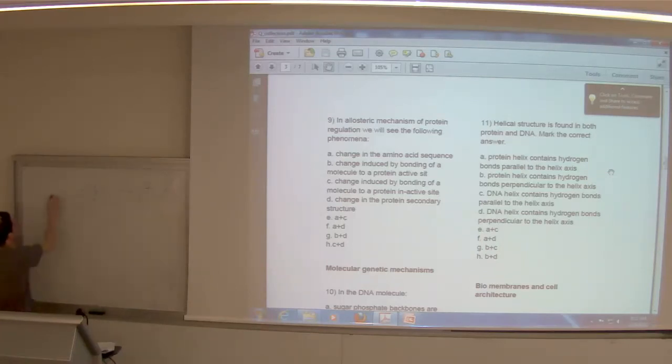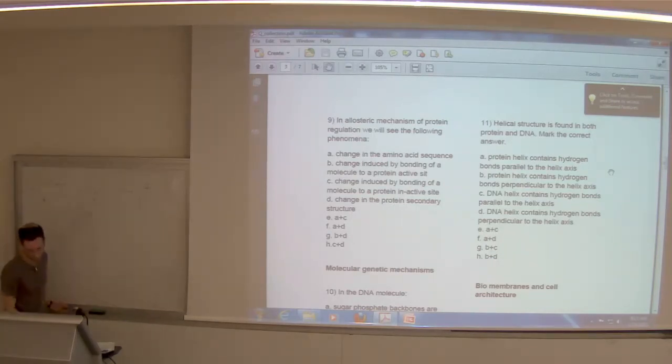Yeah, it is parallel. So in protein, we've just seen this picture a minute ago, the link is something between this moiety and this, so it's parallel to the axis of the molecule. And in DNA, this is DNA, between bases, the Watson-Crick interactions are perpendicular to the helix, to the axis of the molecule.